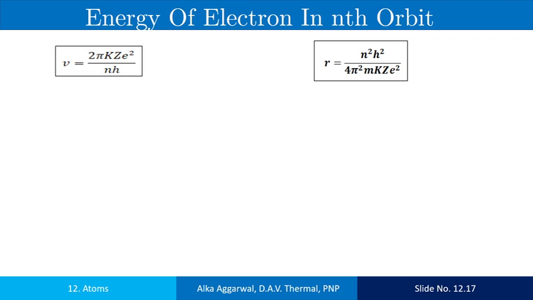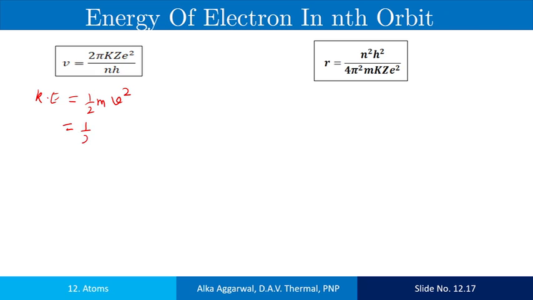As you know very well, the kinetic energy of the electron equals half m v square. Now put the value of v.